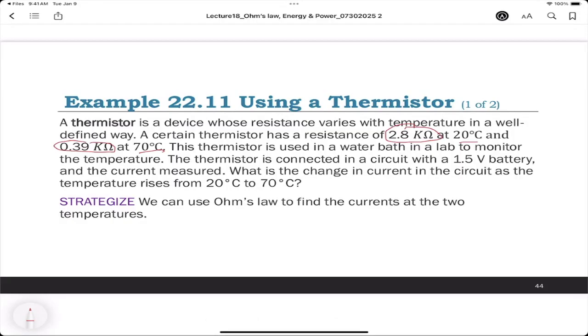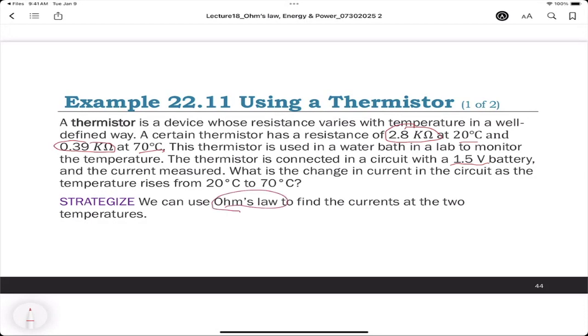The thermistor is connected in a circuit with a 1.5 volt battery, and the current is measured. What is the change in current in the circuit as the temperature rises from 20 degrees to 70 degrees?